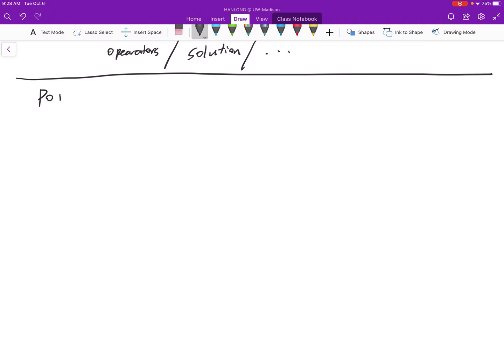Next we recall the Poisson summation formula, which is given by the summation of f(n), n from negative infinity to infinity.